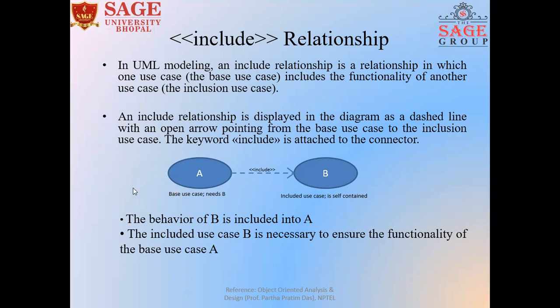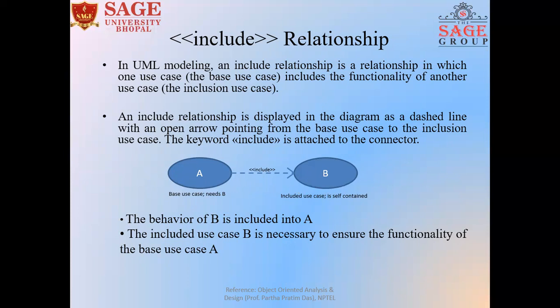So here in this scenario, this is the use case A, which we call the base use case. It needs B for the execution. This is B. B is an included use case for A, but it is also a self-contained use case.